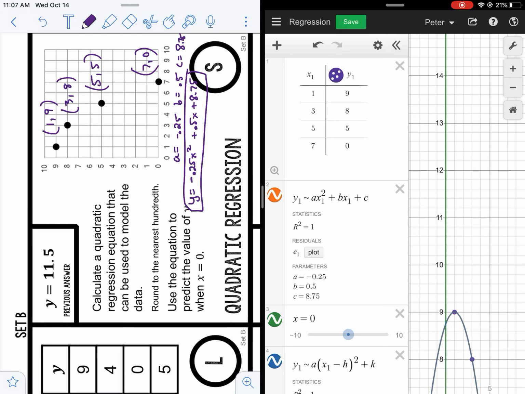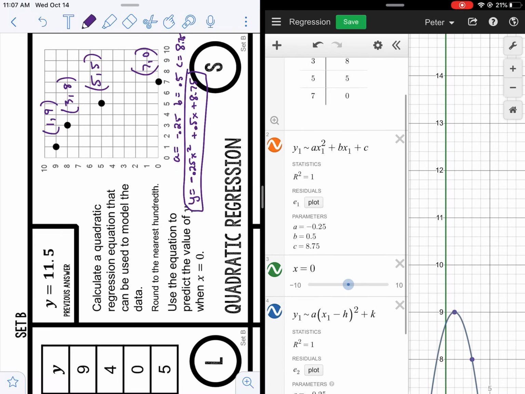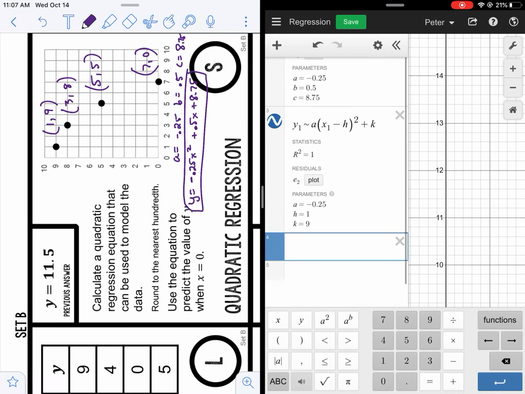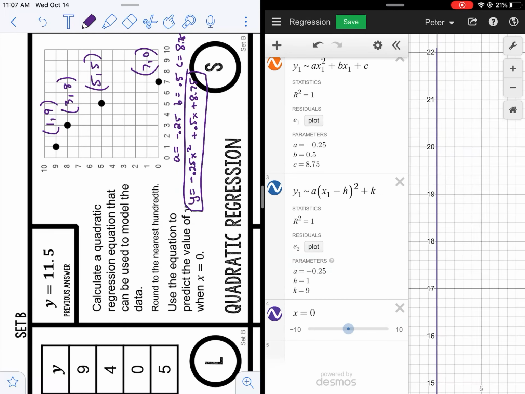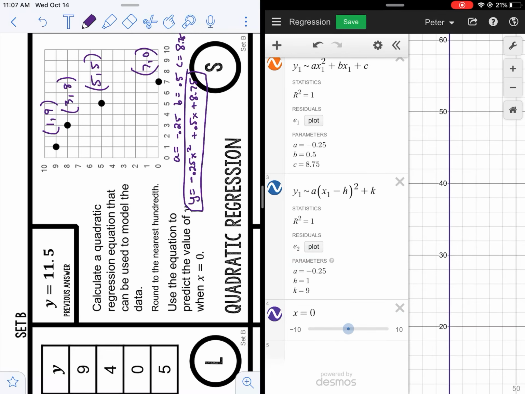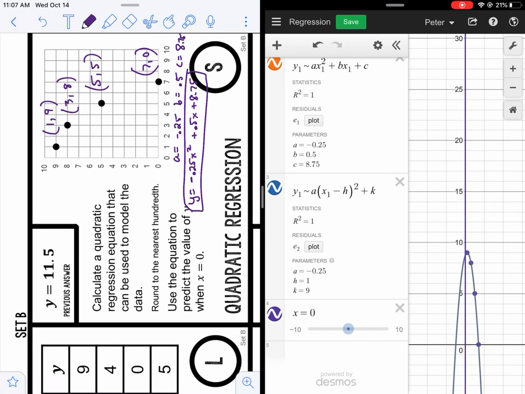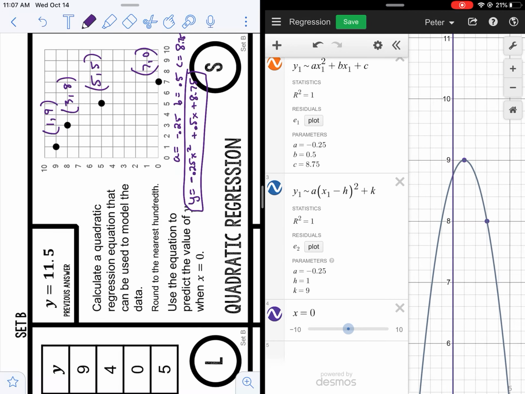Then it says use the equation to predict the value of y when x equals 0. So you open a new line and you say x equals 0. You get a straight line. Now what you're doing is looking for where the line crosses the graph.